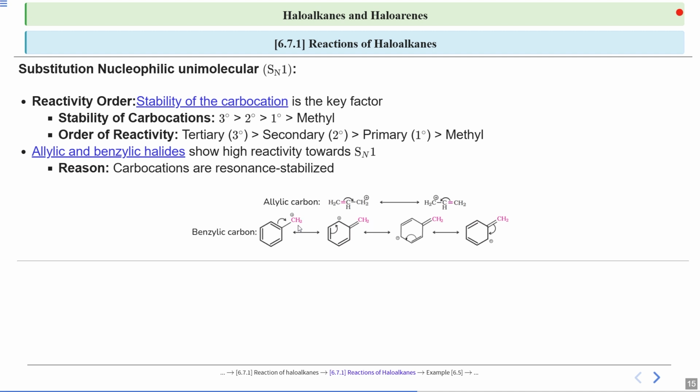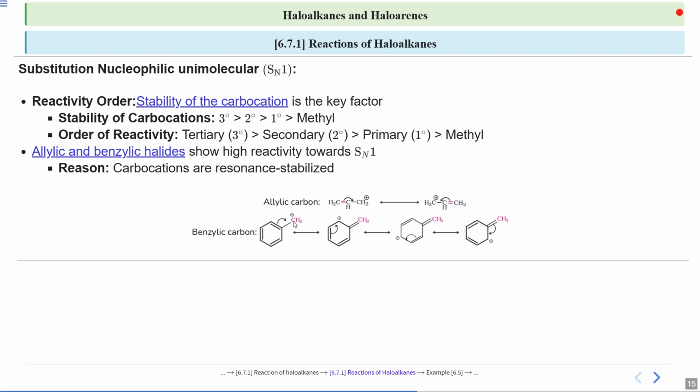Similarly, in the benzylic halides, you can see this is a benzene ring attached to CH2, and CH2 is attached to the halogen. After the halide ion removal, there comes a positive charge on this carbon, right?